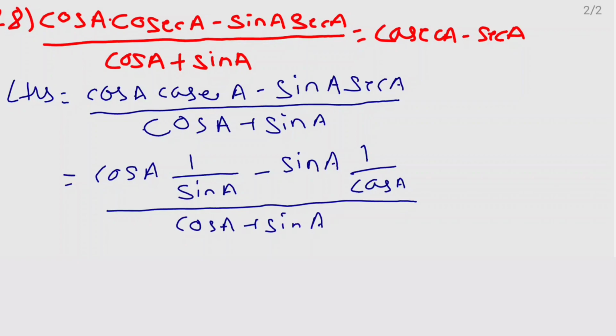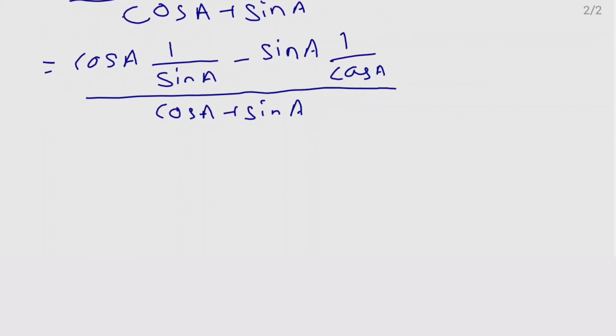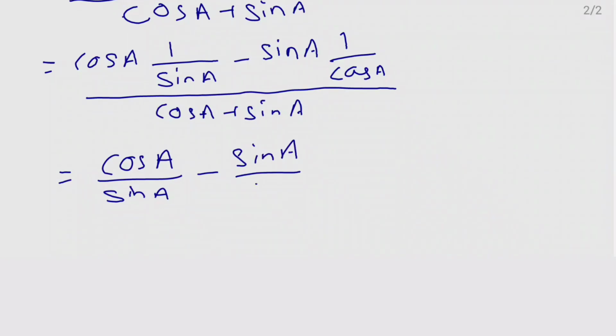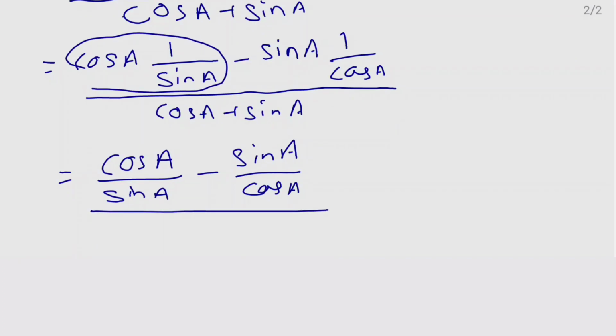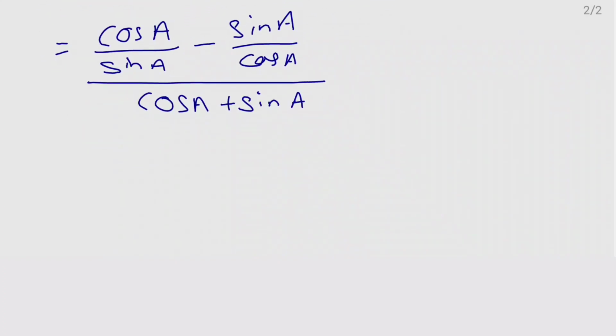And now here this one we can rewrite cos A divided by sin A, and minus sin A divided by cos A. These two are in multiplication, and this divided by cos A plus sin A as it is. And now here make cross multiplication.